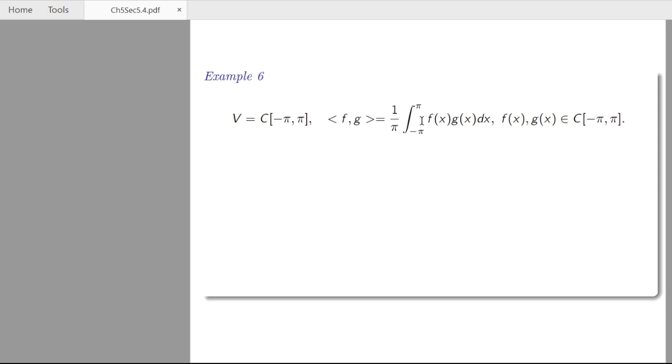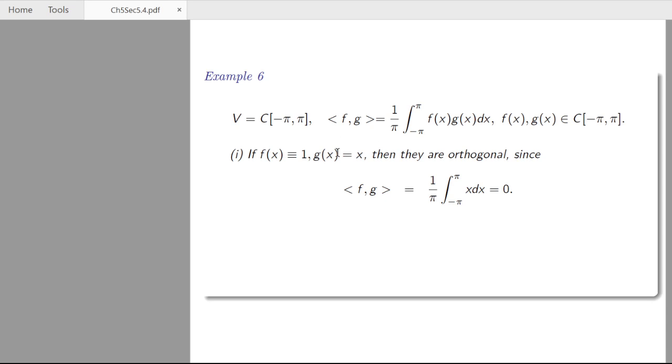Then we can look at two examples. Let's specify f of x as the function identical to 1, and g of x equal to x. These two functions, of course, are continuous on the interval from negative pi to pi.